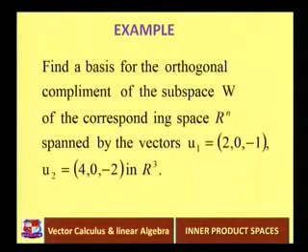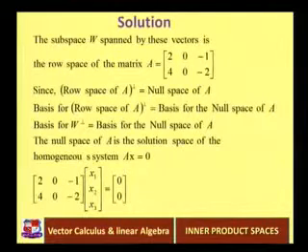Let us take one example: find the basis of the orthogonal complement of the subspace W of Rn spanned by the vectors u1, that is (2, 0, -1), and u2, that is (4, 0, -2), in R3. Here we want to find the basis for the orthogonal complement of the subspace W. First of all we have to see how the subspace W is defined.